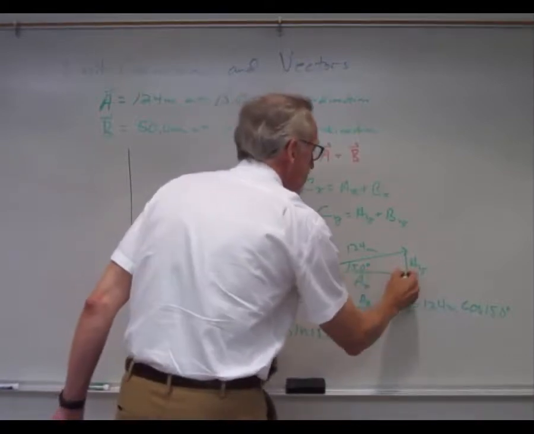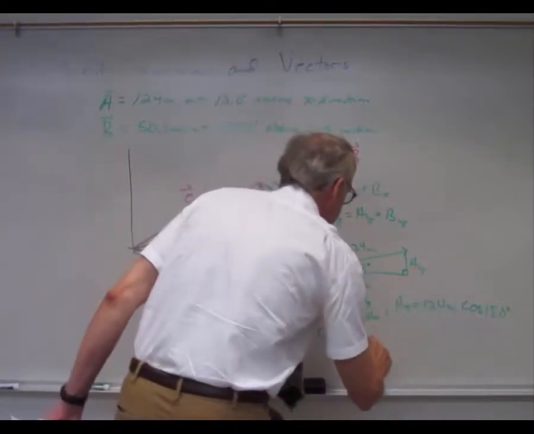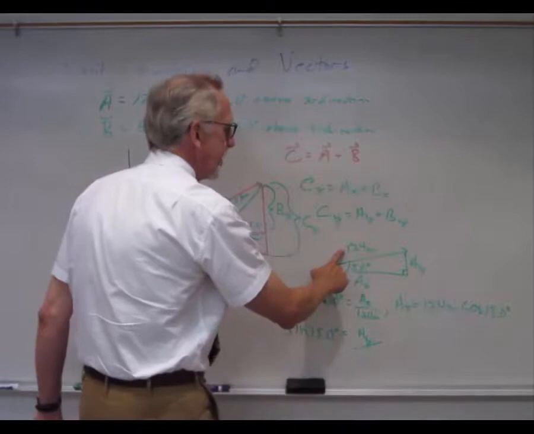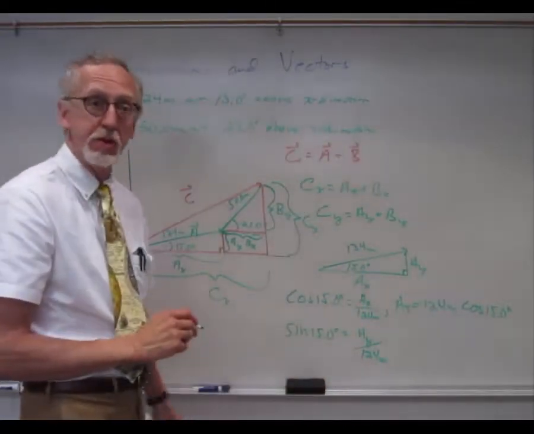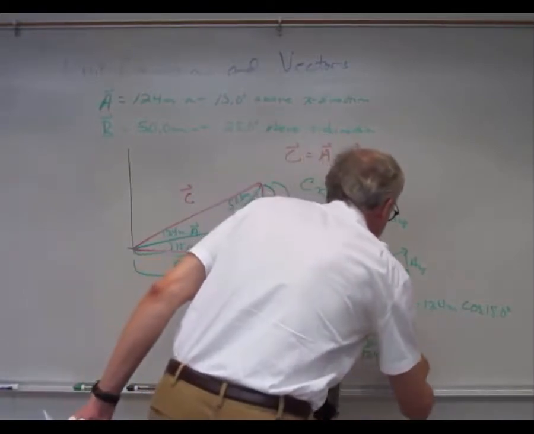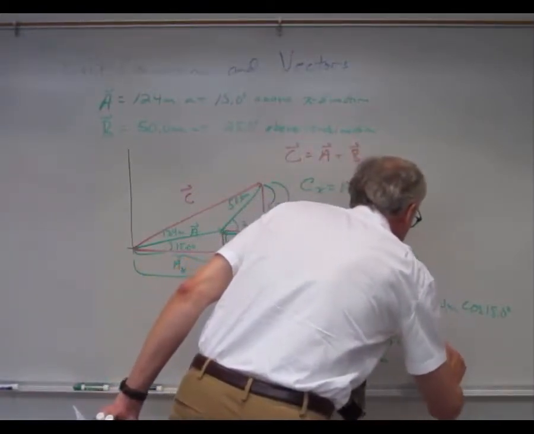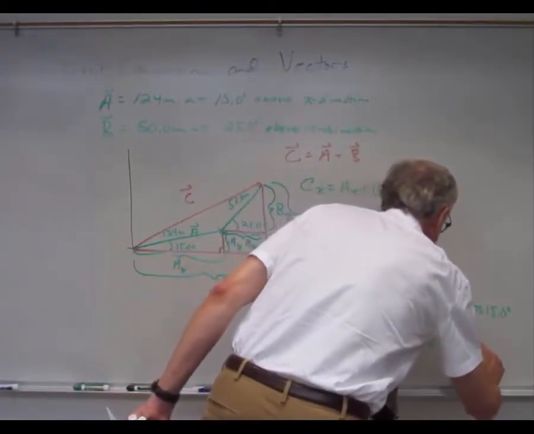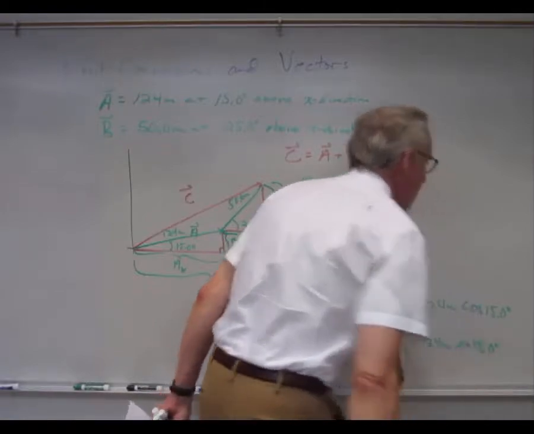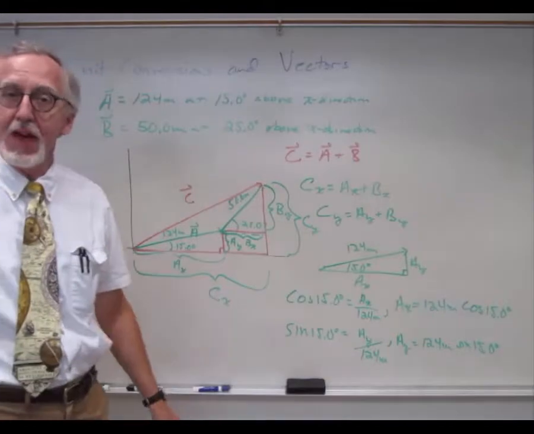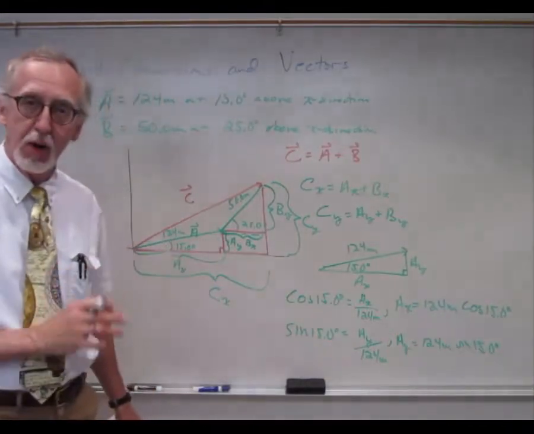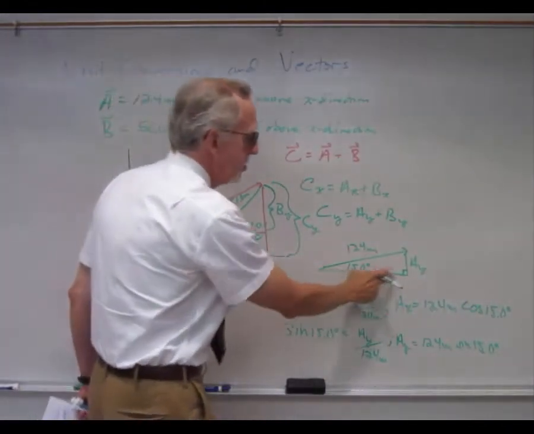Opposite of 15 degrees is Ay, so that will be Ay over the hypotenuse of 124 meters. So Ay is 124 meters sine of 15 degrees.